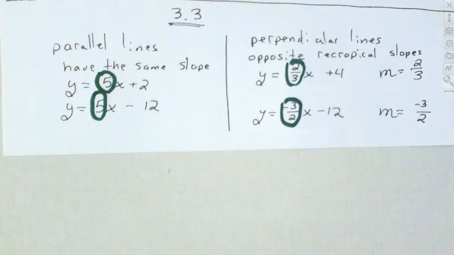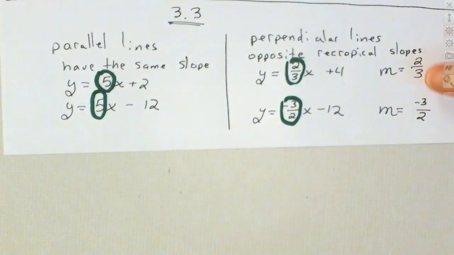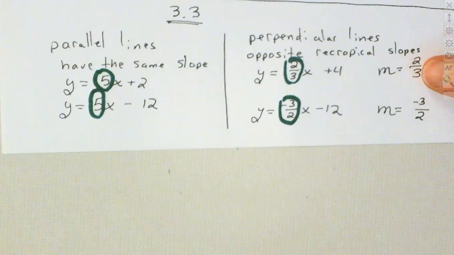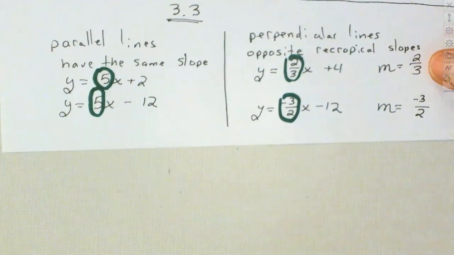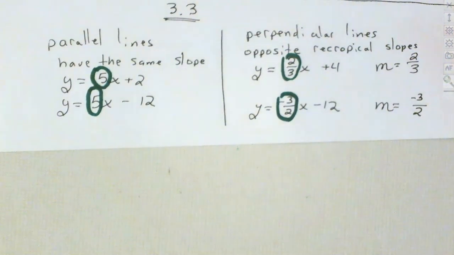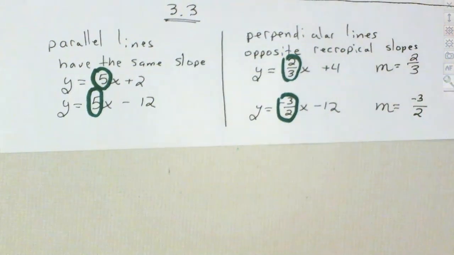Reciprocal means I flipped it over. So if I flip this over, what does it become? 3/2, right? If I flip this fraction over, it becomes 3/2. Now, this one is positive, so the other one needs to be what? Negative. So they're flipped over, they're inverted, and one is positive, one is negative.